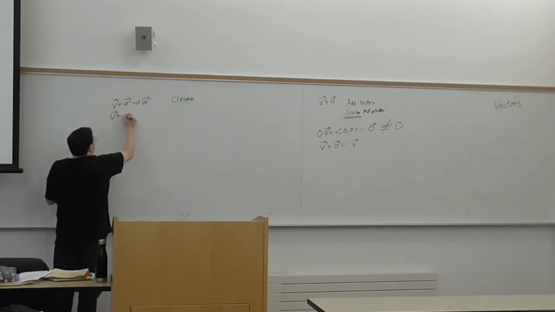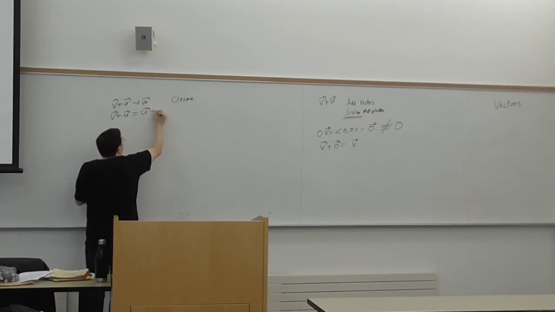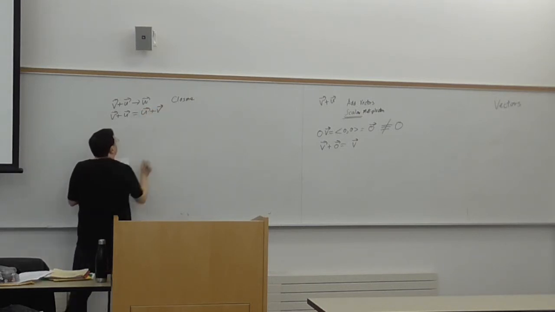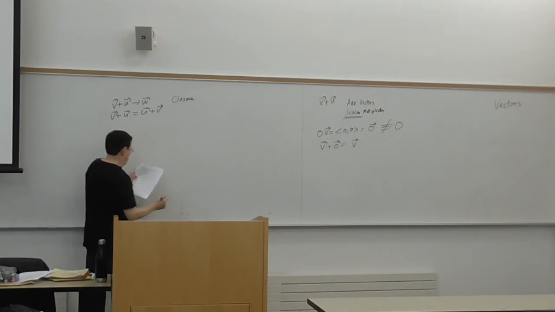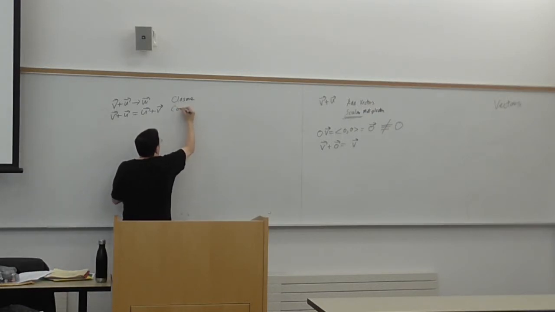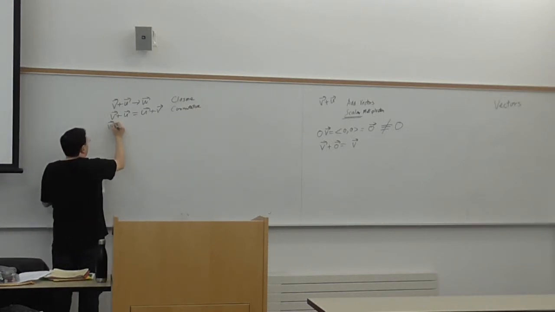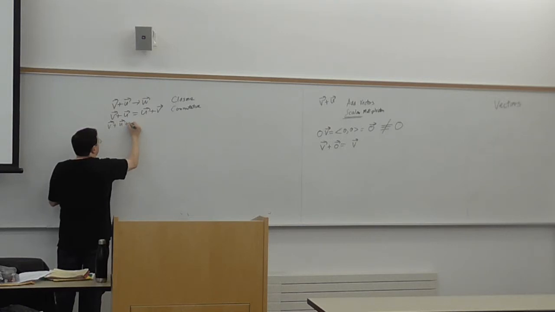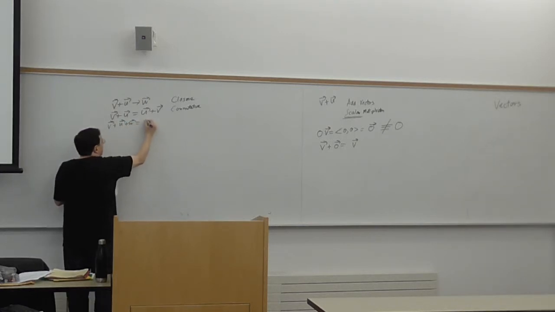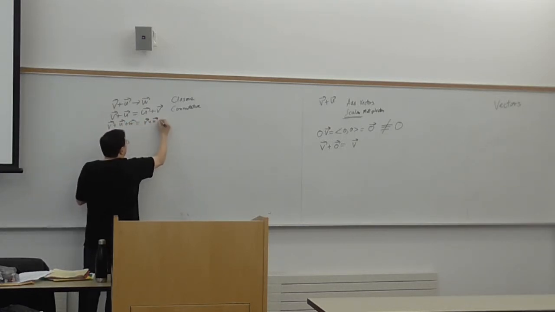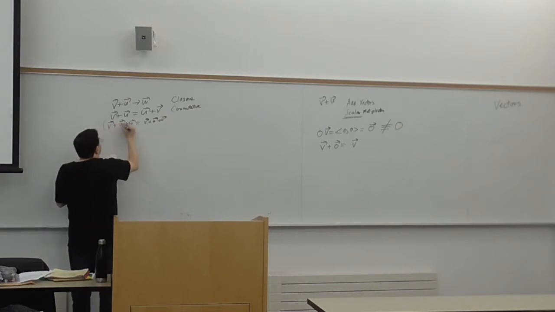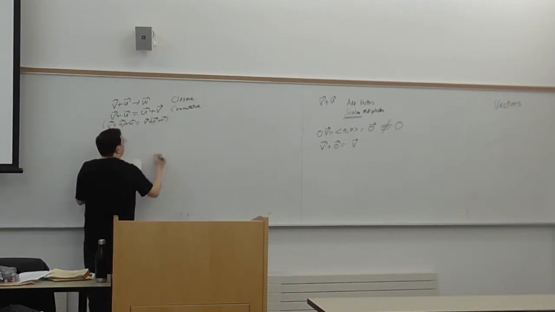If I rearrange the vectors, the way I add them, I get the same thing. That's the commutative property. If I have three vectors I want to add, it doesn't matter which order I add them in.